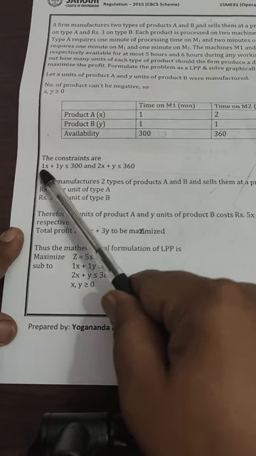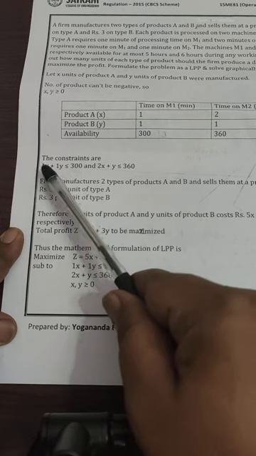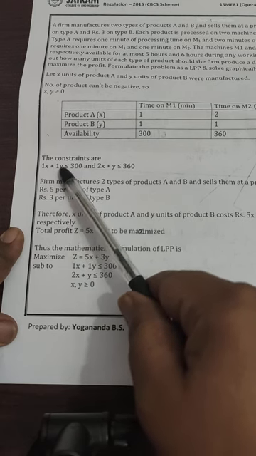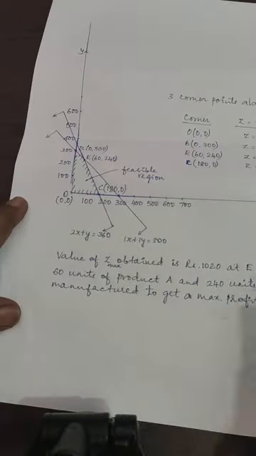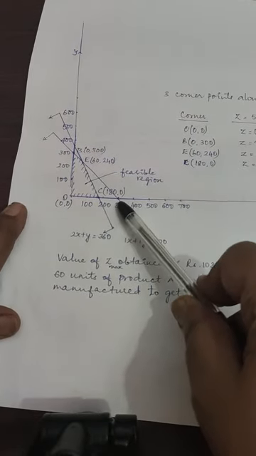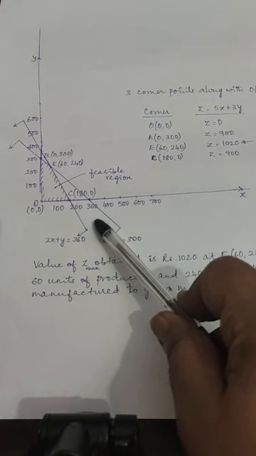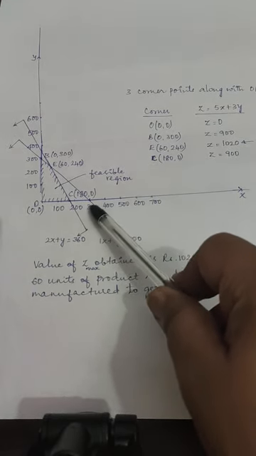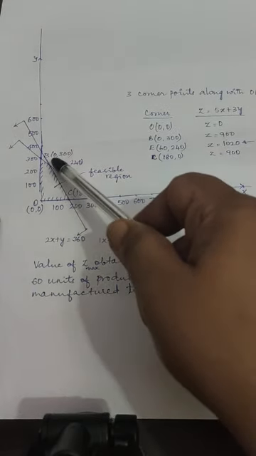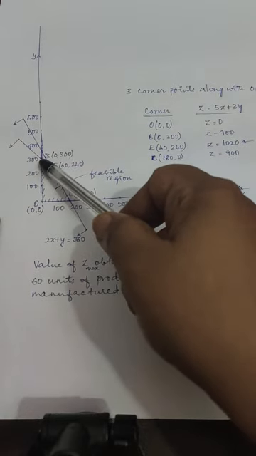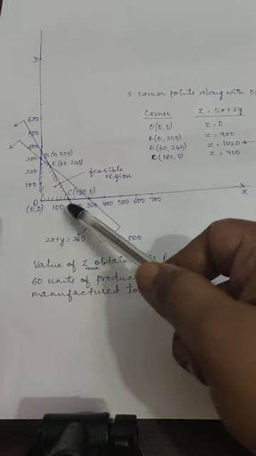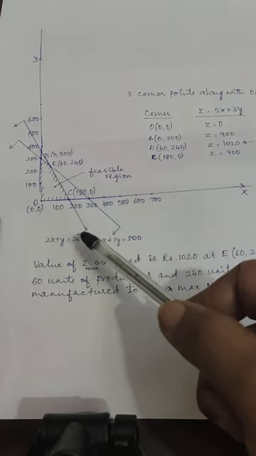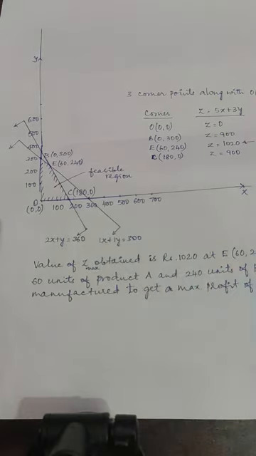If Y becomes 0, X becomes 300. So the coordinates will be 300 comma 300. On the X coordinate, that is the product X, I am marking 300 here. Similarly for the Y coordinate, I am marking 300 here. Then joining those 2 points.